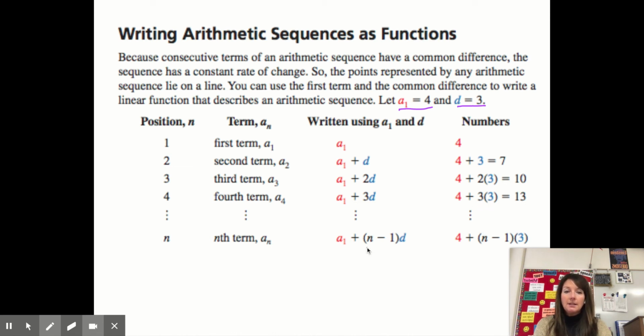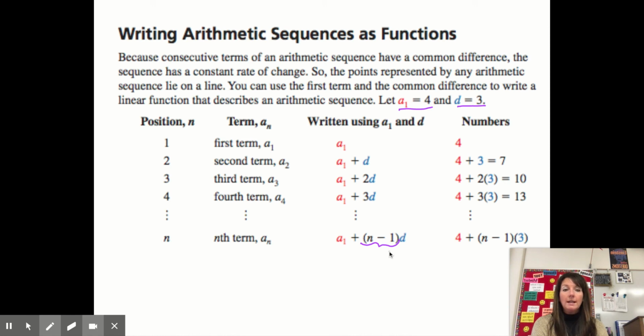So we kind of start to see this pattern evolve, that what we're actually going to be doing is we take our first term and we add n minus 1, where n is the term number that it is, okay? Times the common difference. Now, n can be anything, right?